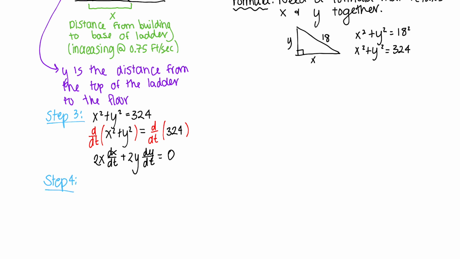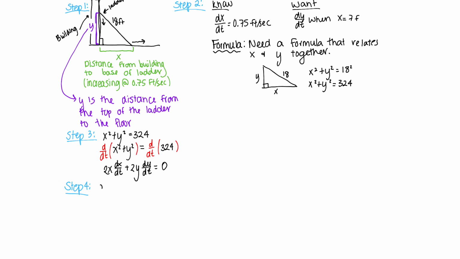Step 4 is plugging things in. So what do we know? Well, we know that dx dt is 0.75 feet per second. We know that x is equal to 7 feet.